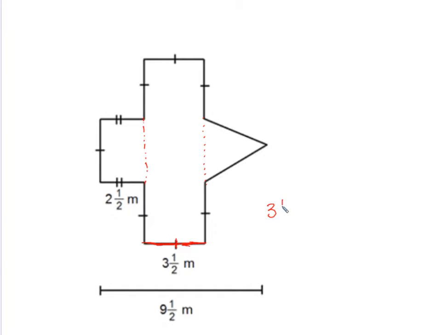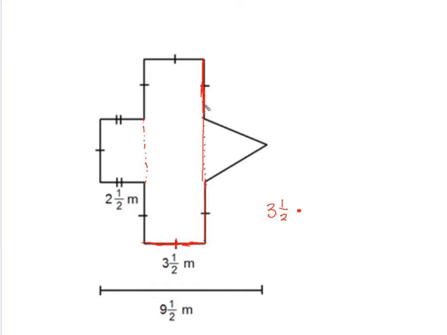So 3.5 times, now this is 3.5. This is also 3.5, and I know that because if I were to move this one over, it would fit right there. And this is 3.5.